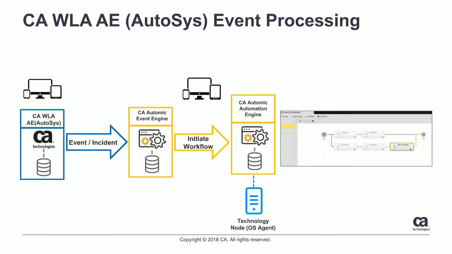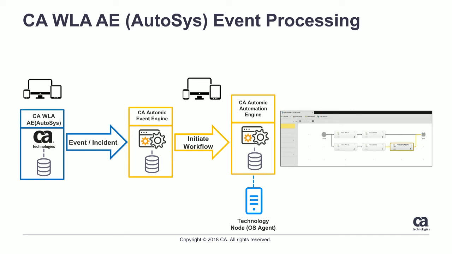Okay. Now this slide here is really a pictorial of the AutoSys integration itself. What we've built in SP7 is to start off at the very left there. Within AutoSys, there's code that's been delivered in SP7 that will allow those REST calls to be made and insert those events into the Atomic Event Engine.